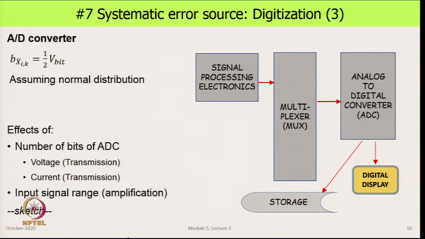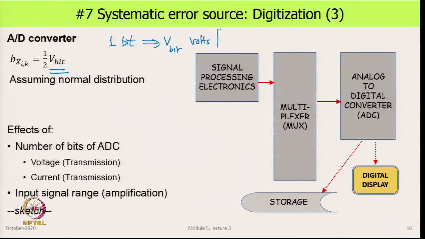We will look at the details in a minute, but the final answer is that V bit is the voltage associated with one bit of the A to D converter. That means, we say that when there is a change of one bit, this corresponds to a change of V bit, some number, so many volts or millivolts, whichever way we want to look at it.